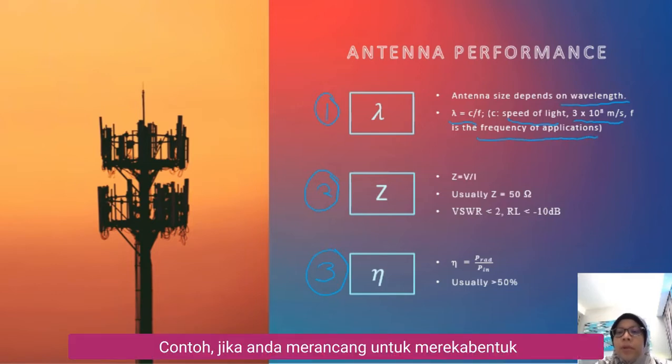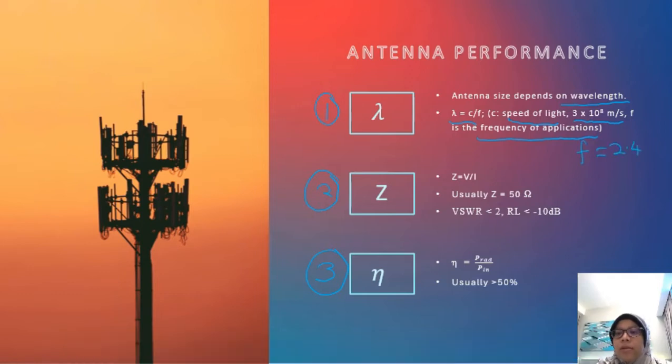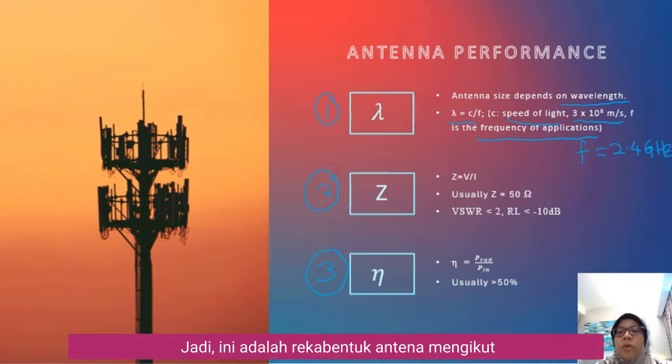So for example, if you want to design an antenna for Wi-Fi application, the Wi-Fi application works at 2.4 gigahertz. That's how you design the antenna for a specific frequency and specific application. In many cases, the antenna size is usually around 0.5 lambda.